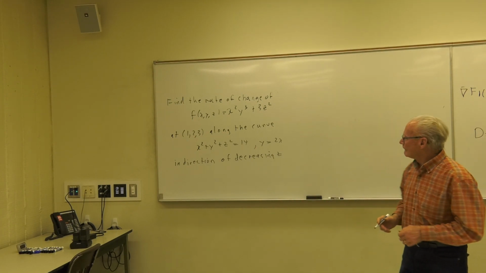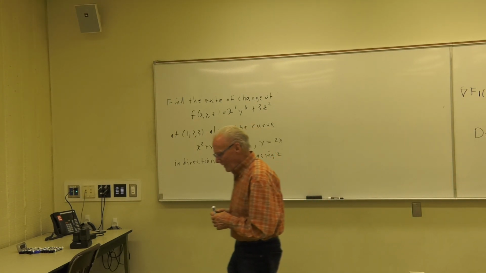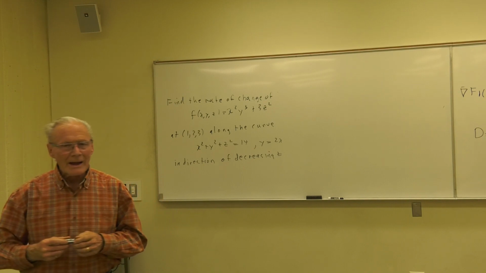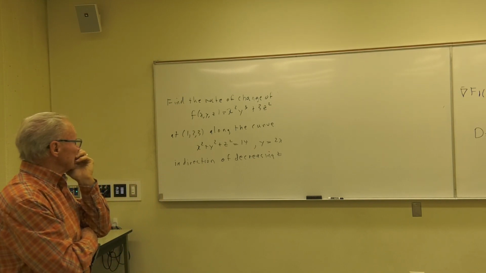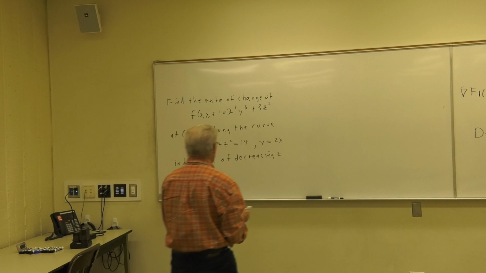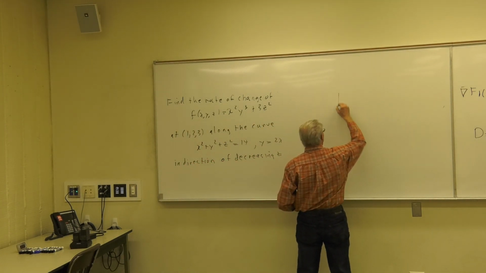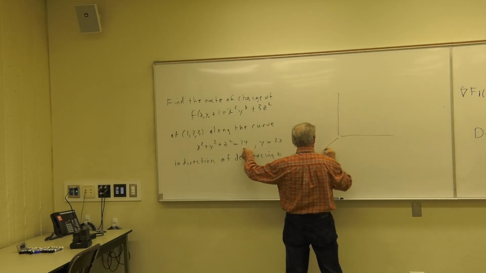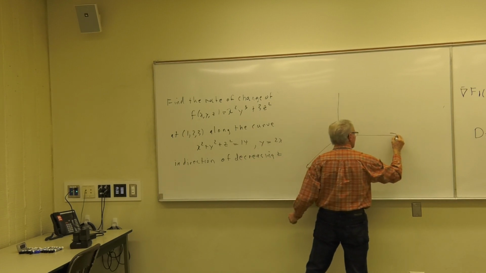All right. Somewhat like the last one, but the last one had a line. This one doesn't. Maybe we could draw it pretty well, because we would recognize both of these surfaces.